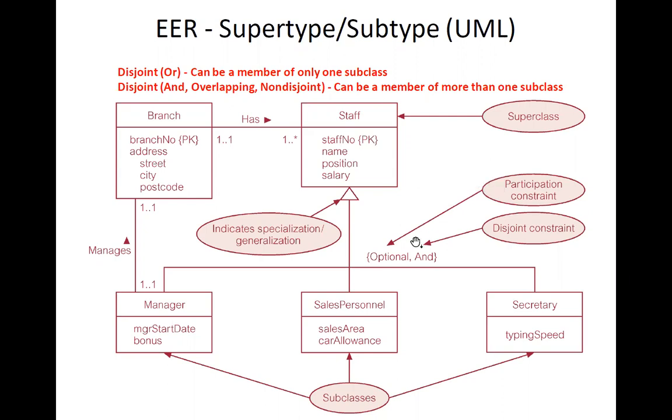Specific, right? So we use specialization to come up with subtypes, 3 subtypes. In the manager subtype, we have attributes which are unique to managers, and so on and so forth. Okay. Again, a super type, the symbol, 3 subtypes.